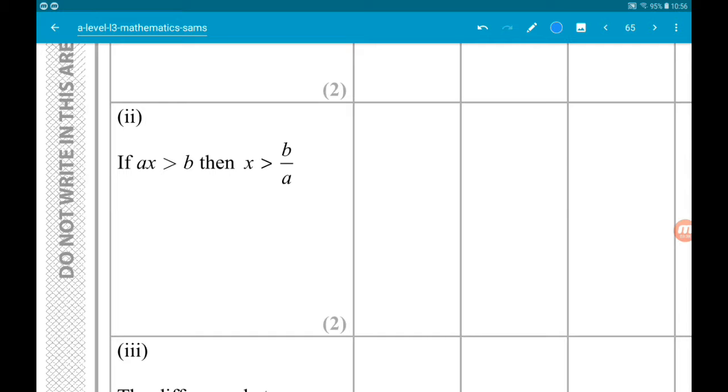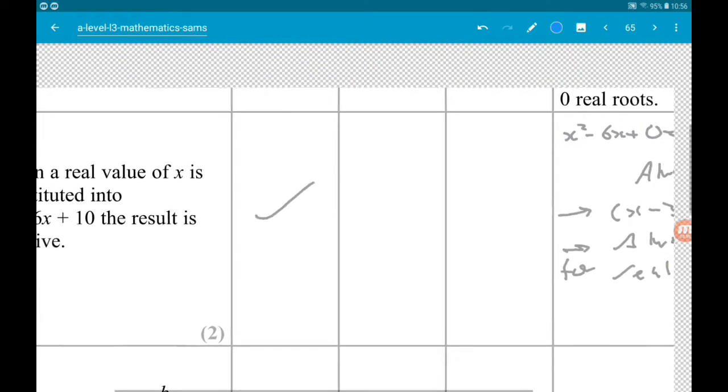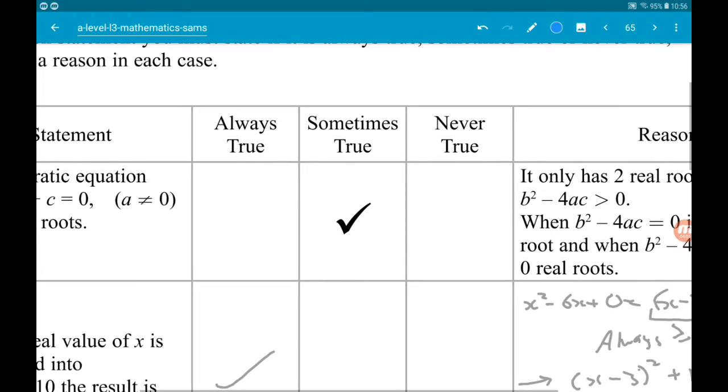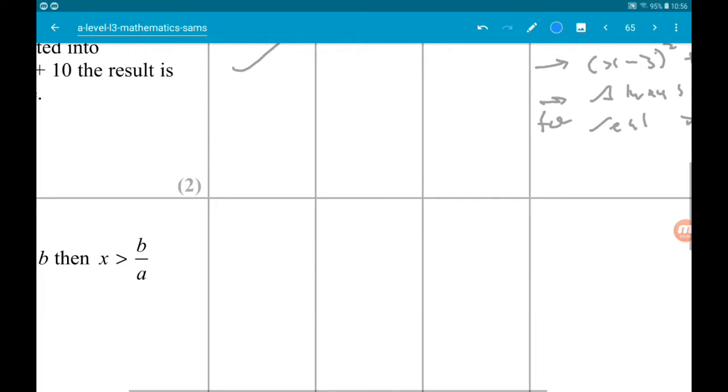If a is positive, then that does work. The problem comes from when you divide or multiply inequalities through by a negative number, the direction of the sign flips. So, this is only going to be sometimes true.